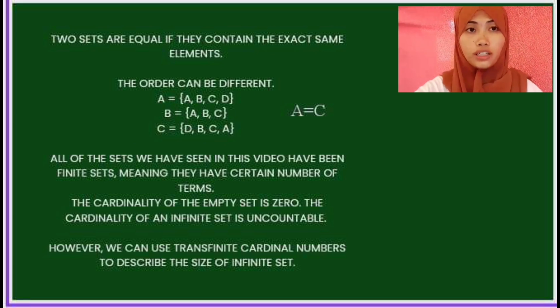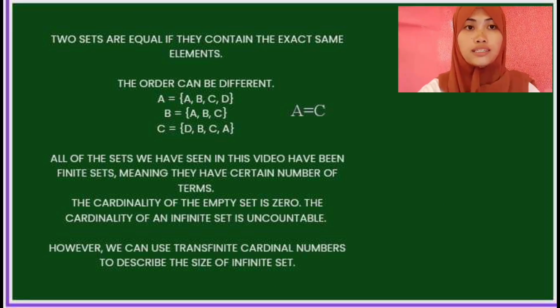Two sets are equal if they contain the exact same elements, which may or may not be in the same order. Looking at these three sets here, notice that set A and set C have the same cardinality, meaning they have the same number of elements, and they also have the exact same elements.